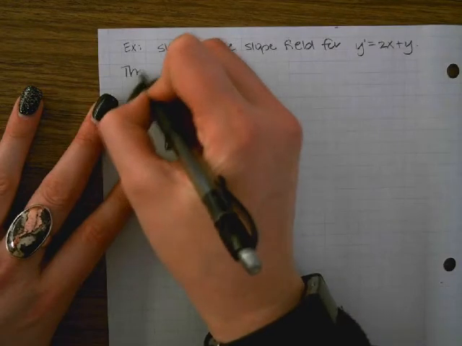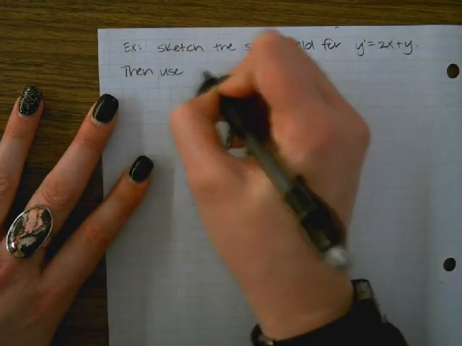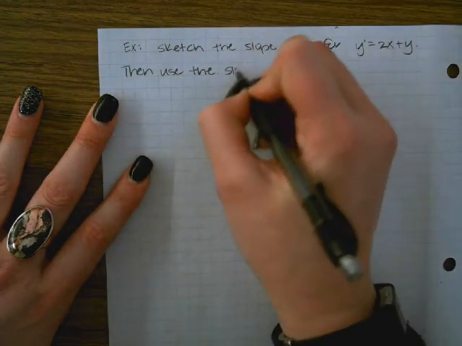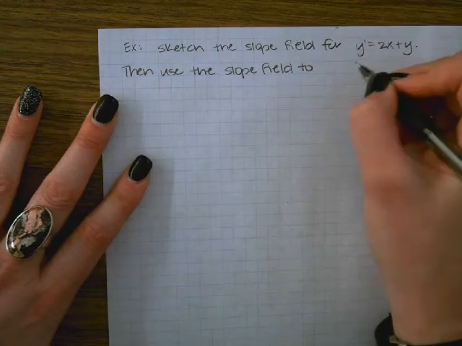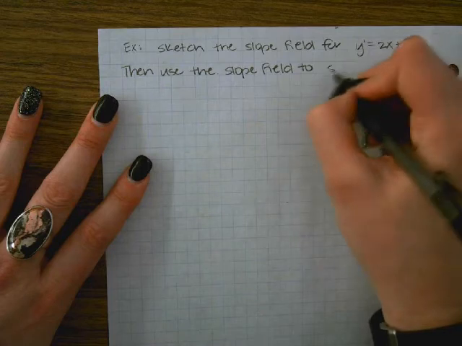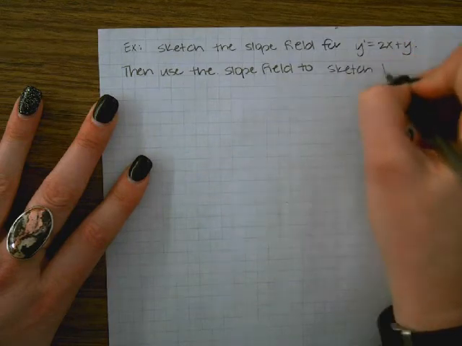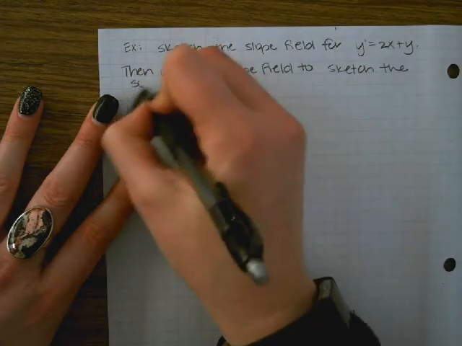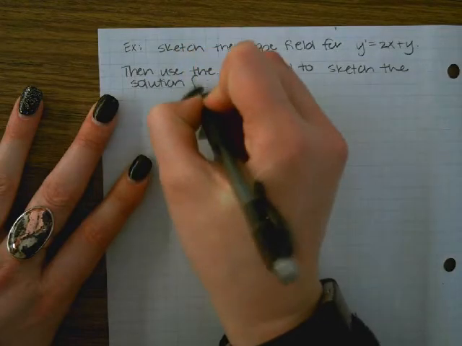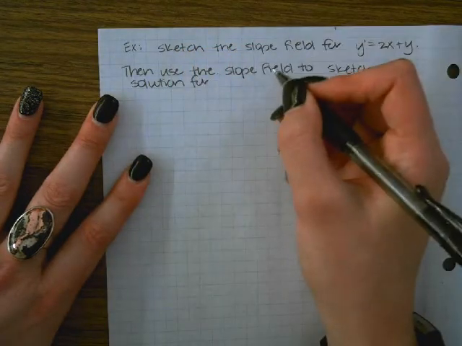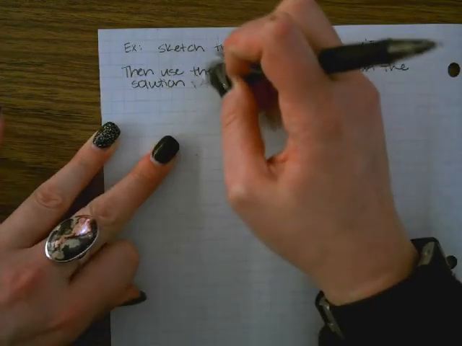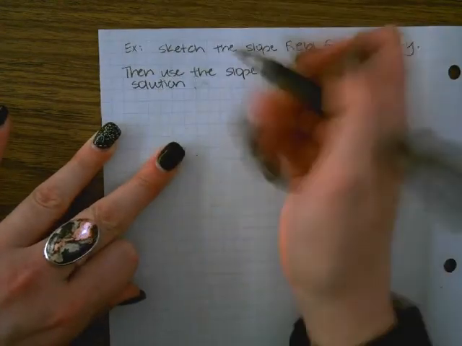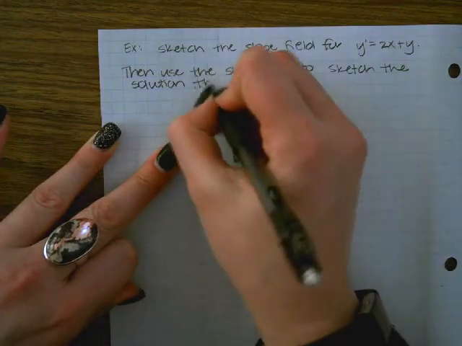And then we're going to use the slope field to sketch the solution that passes through the point 1, 1.